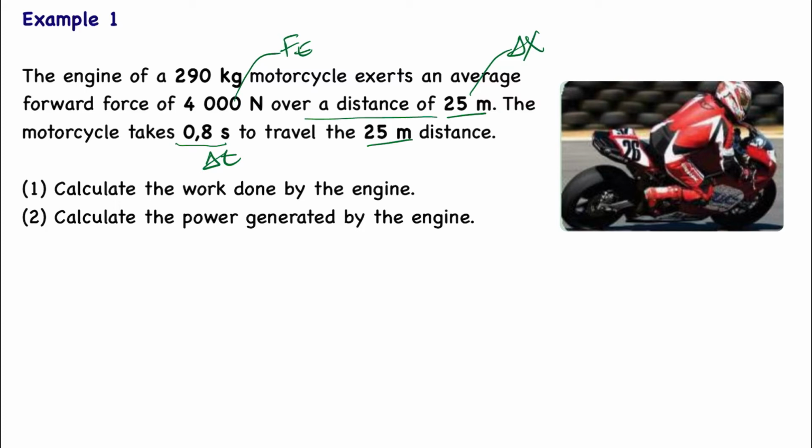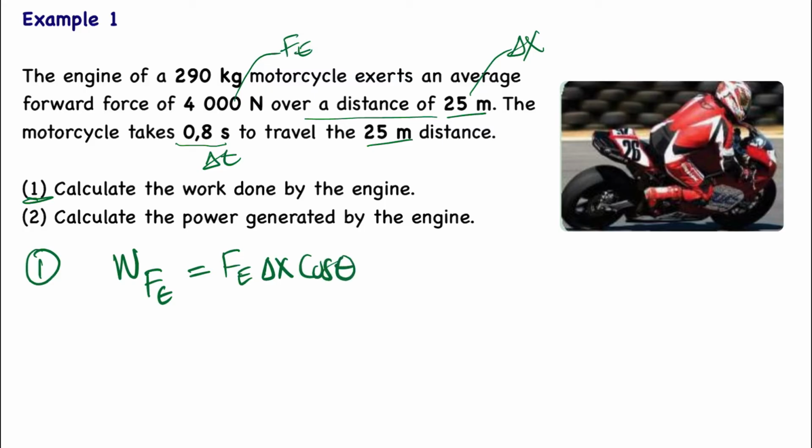Now, guys, we're given the force of the engine of the motorbike, the displacement and the time it took. Question 1 says calculate the work done by the force of the engine. So, number 1, work done by the force of the engine is force times delta x times cos theta.